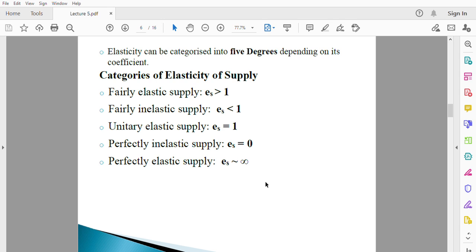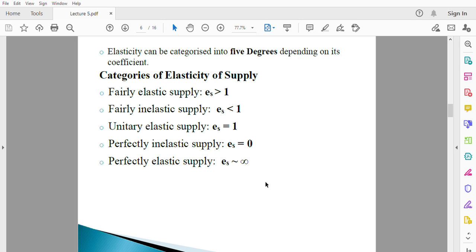And we also have the unitary elastic supply. If you calculate elasticity and you have exactly 1 or it is equal to 1, then the elasticity is unitary. The next is perfectly inelastic supply. If elasticity is calculated and the answer is 0, then it is perfectly inelastic.